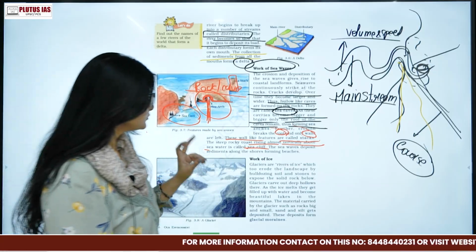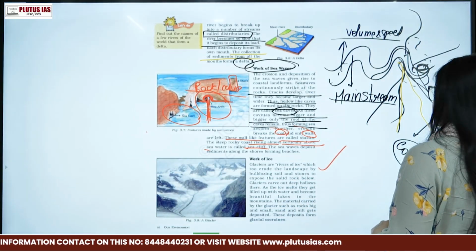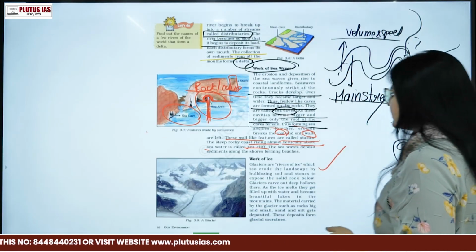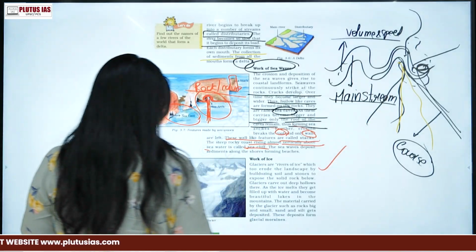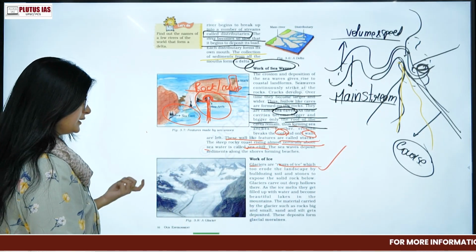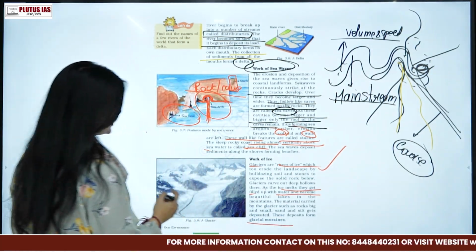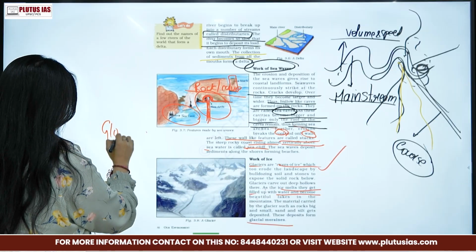Now what about the work of ice? Glacier, right? So glacier is also responsible for erosion. Now glaciers are rivers of ice which start to erode the landscape. Okay, so next we have to take what? The most important term here is glacial moraines. What is glacial moraines?